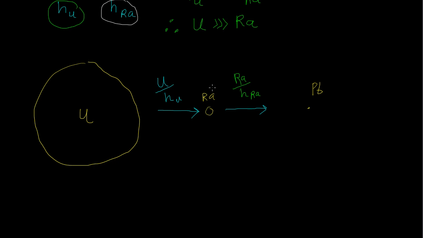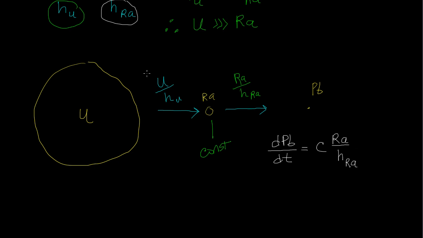If the amount of radium at equilibrium is constant, then the rate of accumulation of lead, I can write this as, let's give it a different color here, the change in the concentration of lead with respect to time is equal to that constant times the concentration of radium divided by the half-life of radium.